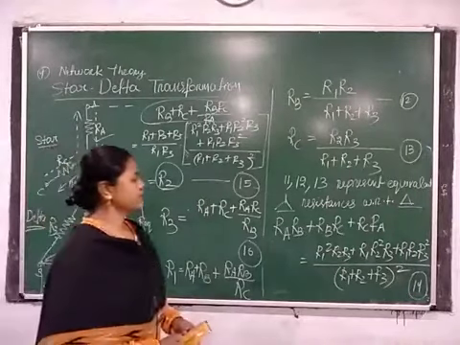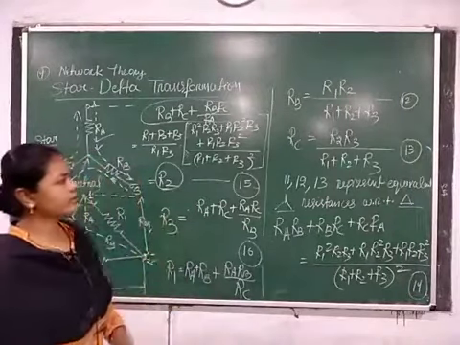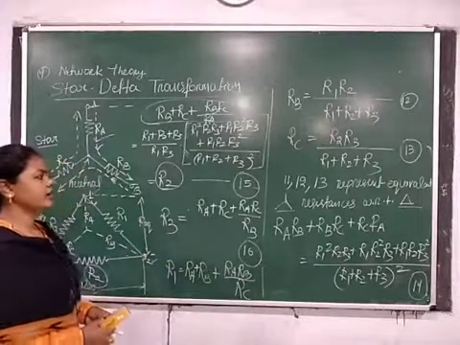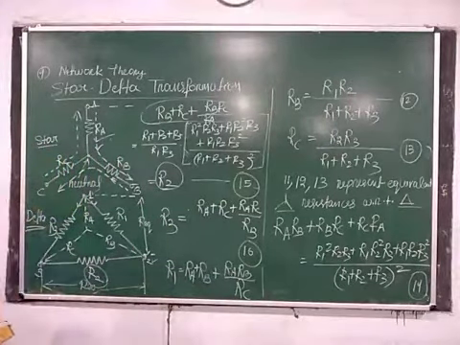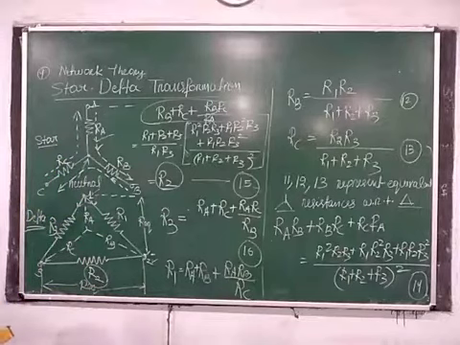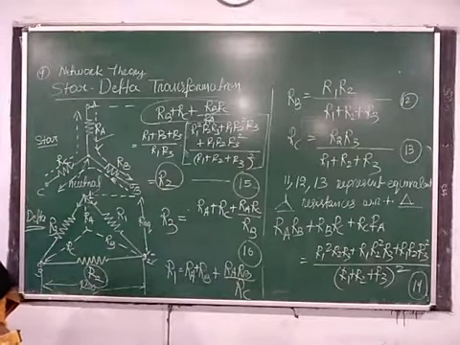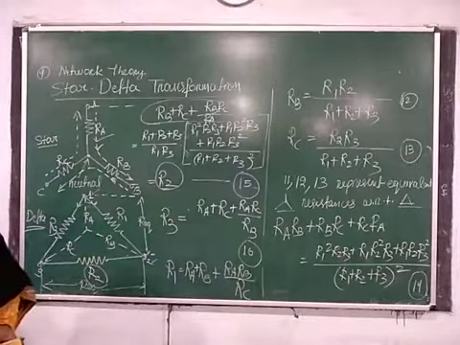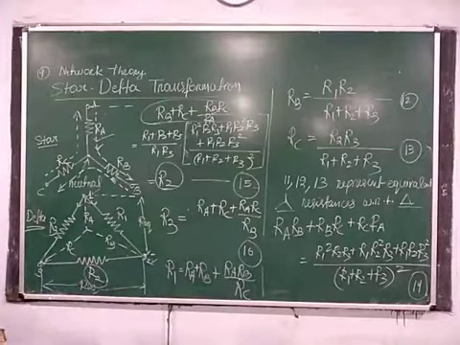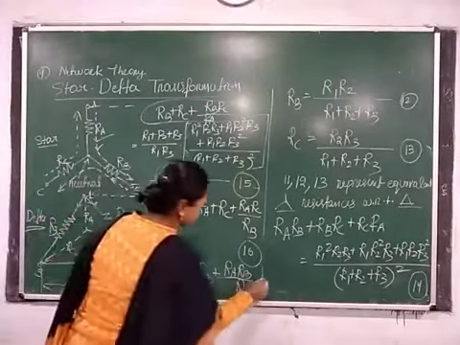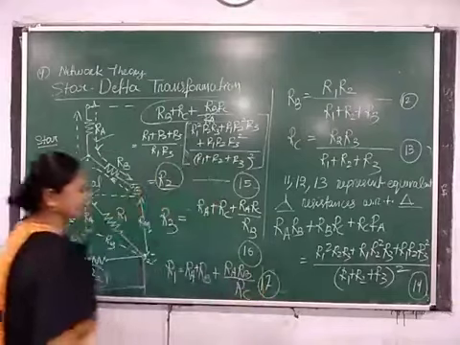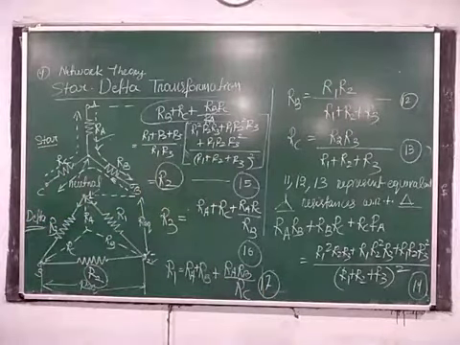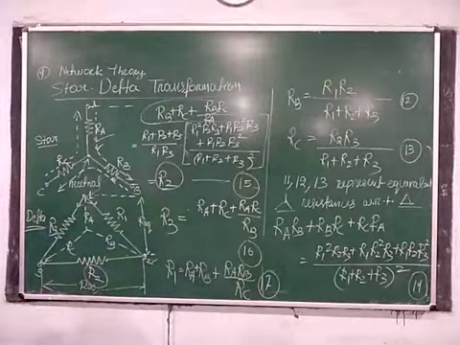So equations 11, 12 and 13 represent equivalent resistances of star connection in terms of delta, or with respect to delta, and equations 15, 16 and 17 represent equivalent delta resistances with respect to star.